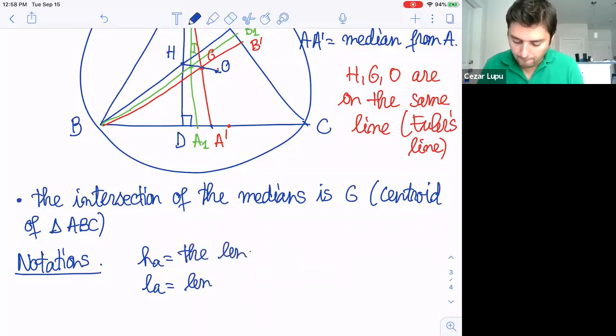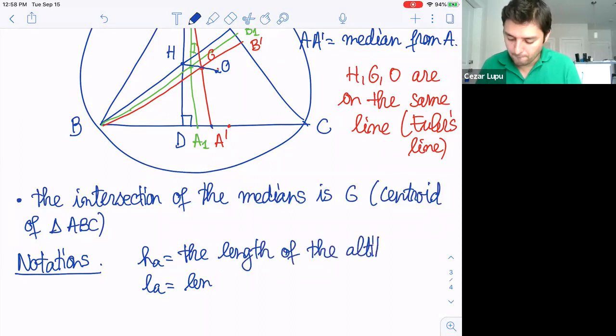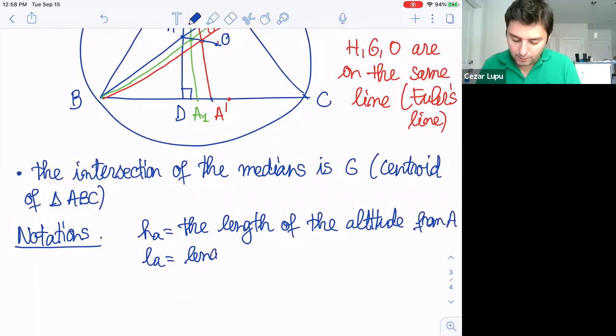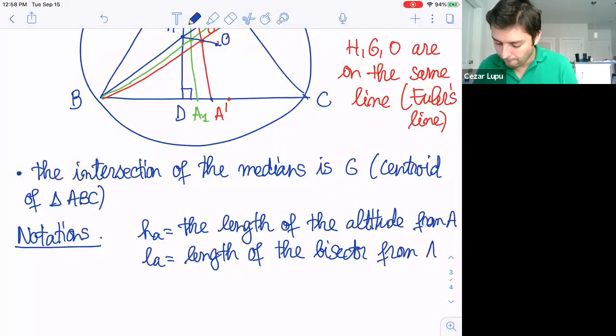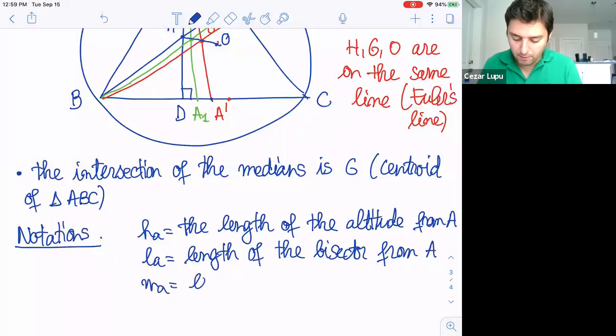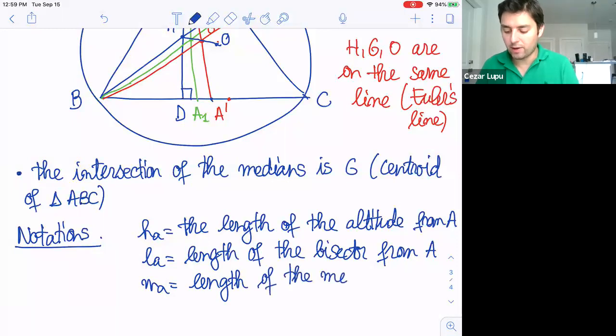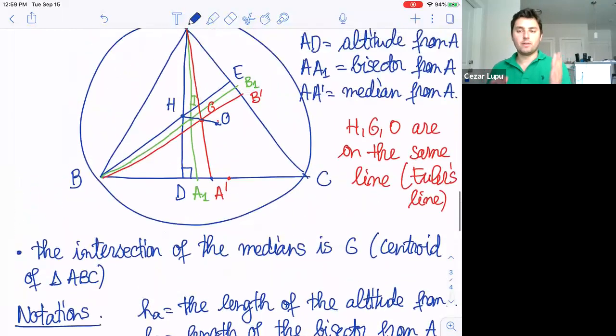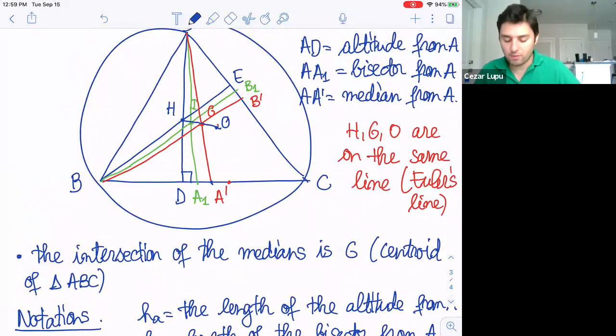The length of the altitude from A. This is the length of the bisector from A. And MA will be the length of the median from A. And in this way, you can define the analogs from B and from C.